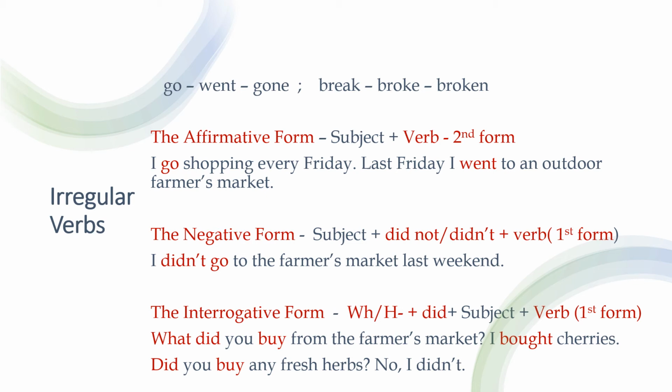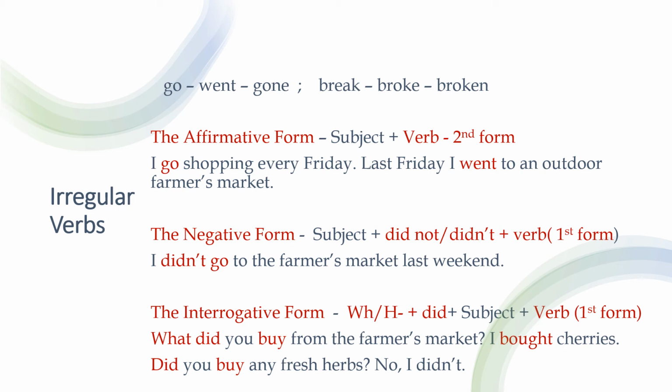For questions, we use again the auxiliary did with inversion. For closed questions, we just say did plus subject plus first form of the verb. Did you buy any fresh herbs? No, I didn't. And for open questions, we put the question word in front of did.